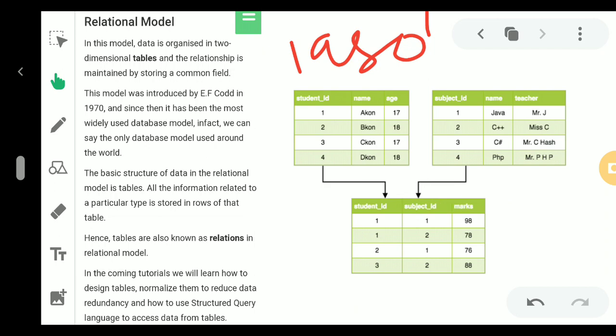So what is the advantage of the relational model? The representation of information in the form of a table consisting of rows and columns makes it much easier to understand and access the information. Different tables can be easily combined and manipulated as requested.